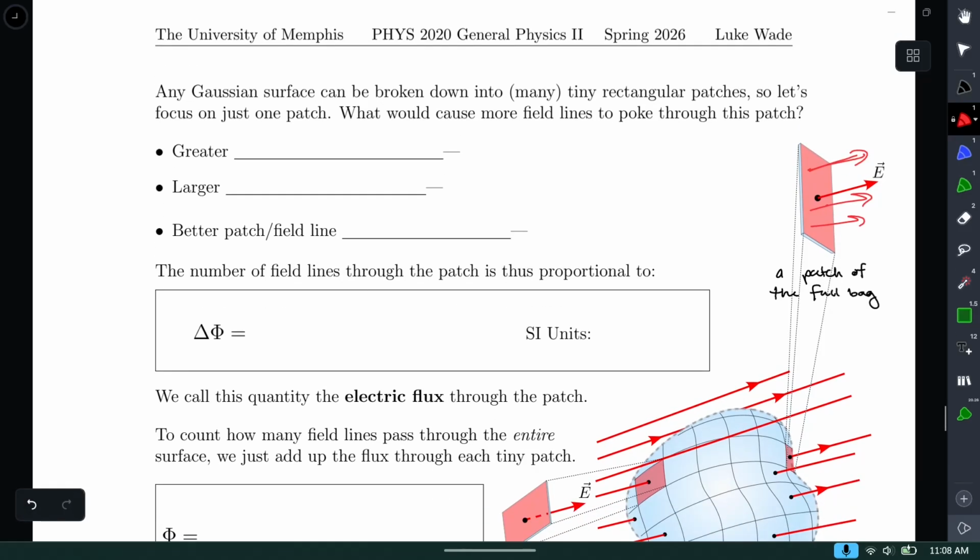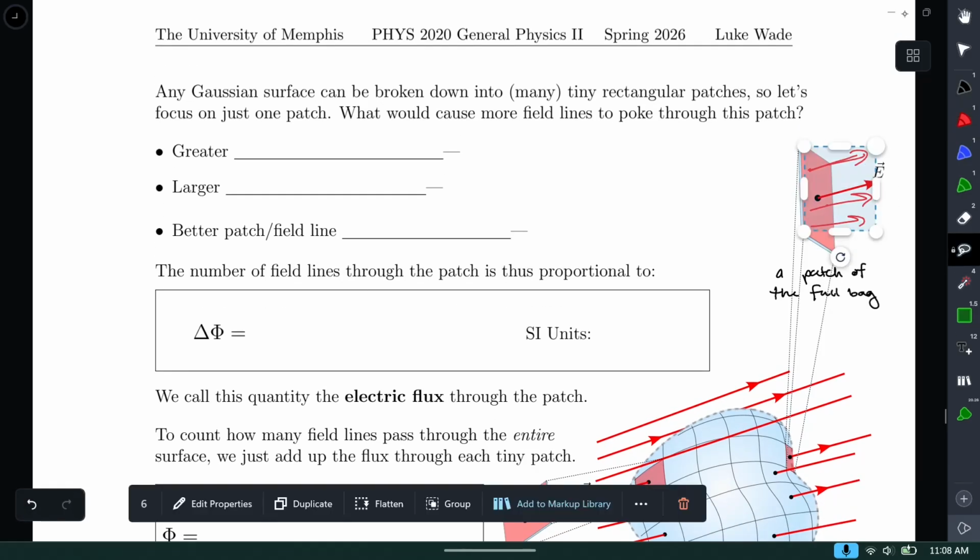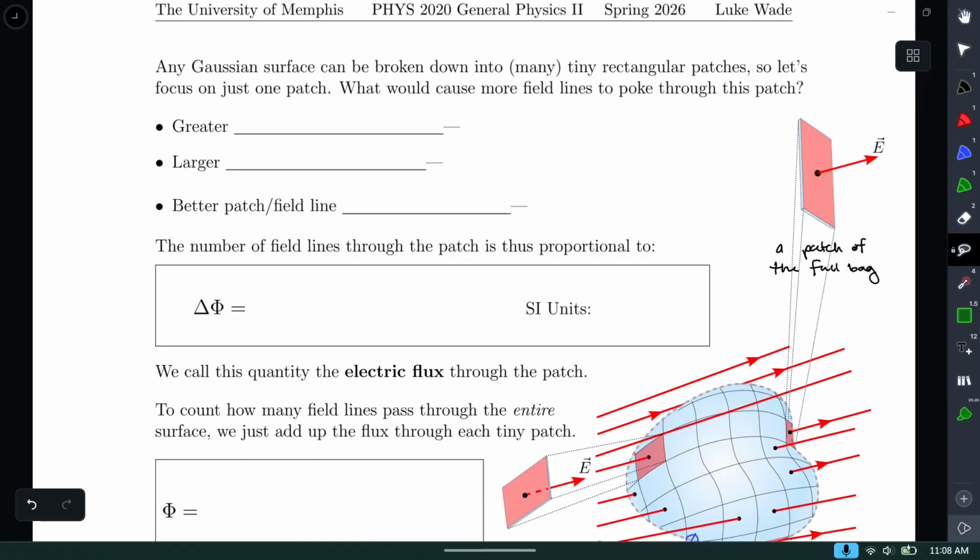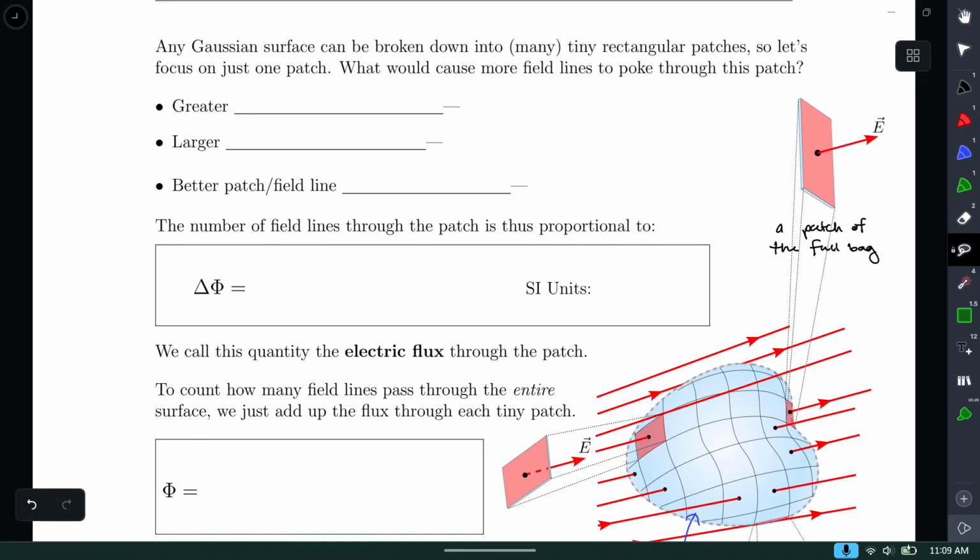Yes, that's a good one. So if I shrunk down the patch, it's not going to catch as many field lines. If I make it much larger, it'll catch more than it did before. So it does depend on the area. A larger patch will catch more lines.